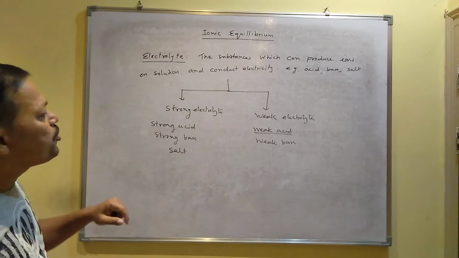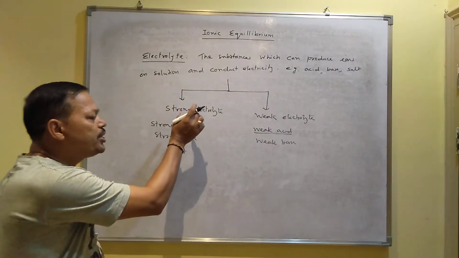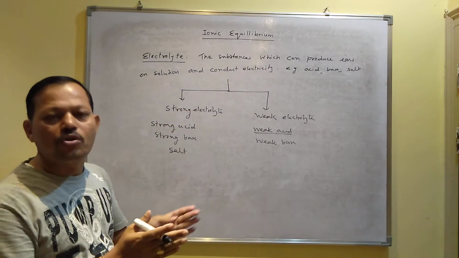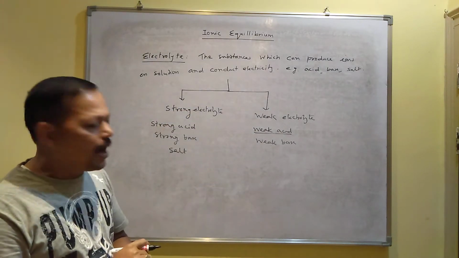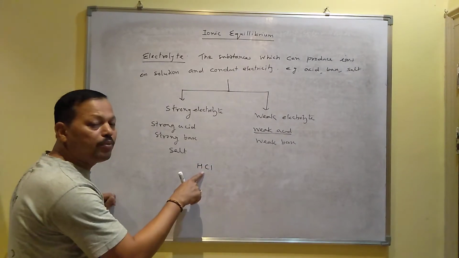And another point of difference between strong electrolyte and weak electrolyte: when you dissolve a strong electrolyte in water, the electrolyte undergoes complete dissociation. Suppose this is HCl, one example of a strong acid.